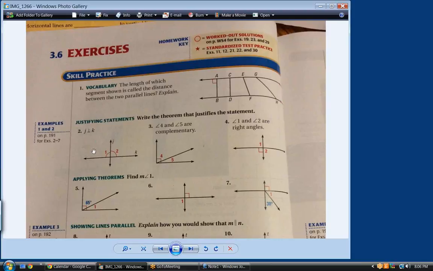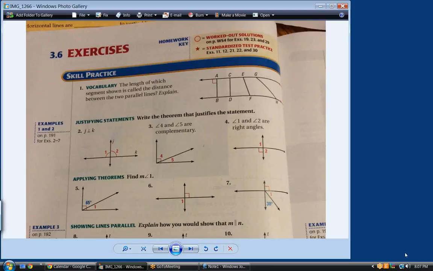The reason is that we know those angles are supplementary, so if 1 is equal to 2, they have to both be 90 degrees. That's the only possible answer, and 90 degrees means perpendicular.